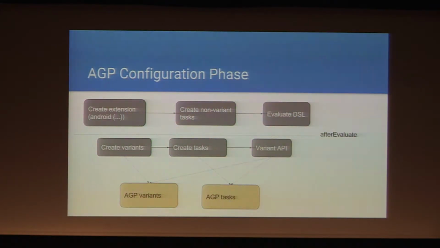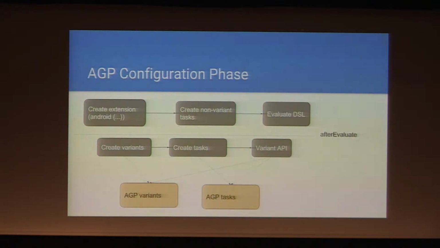After this has happened, the DSL is evaluated. So basically the configuration that you have passed to the Android extension is actually captured by the DSL objects that we have created and that we have access to within the plugin. Now this is an interesting moment, because there is a callback provided by Gradle that's afterEvaluate.